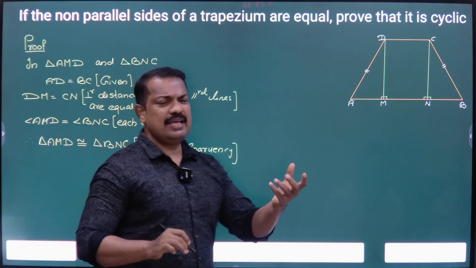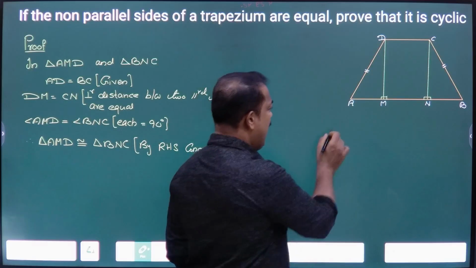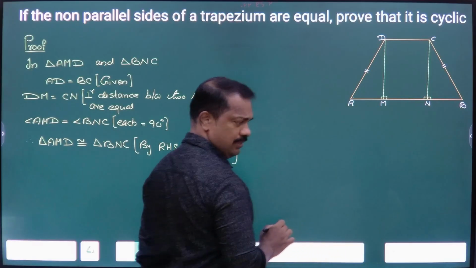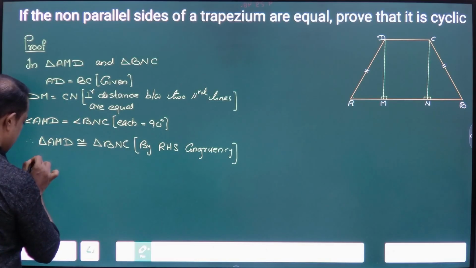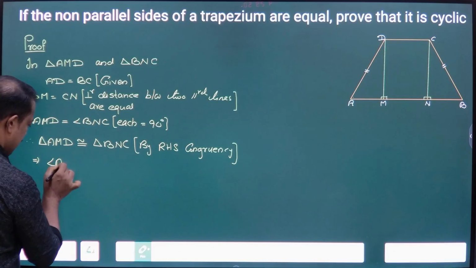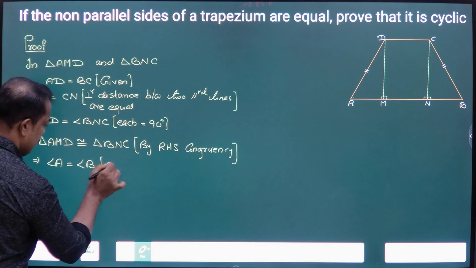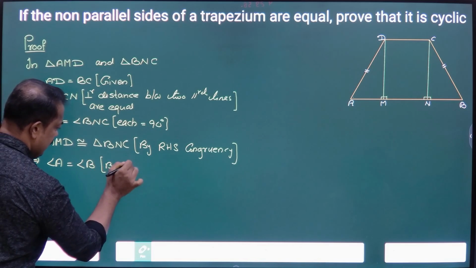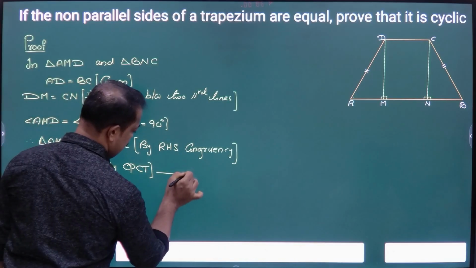If two triangles are congruent, then the corresponding parts are equal. So we can say angle A is equal to angle B by CPCT. This is equation 1.